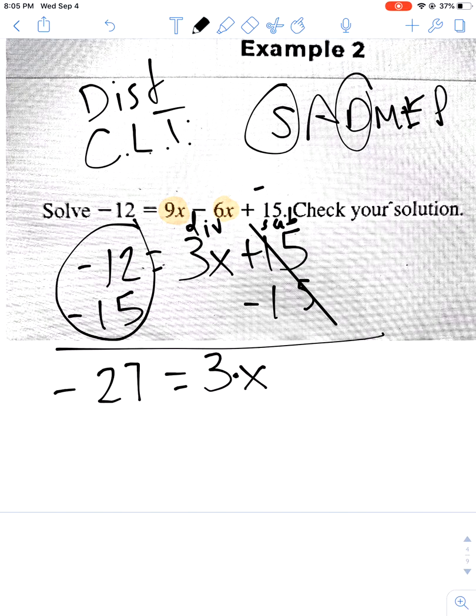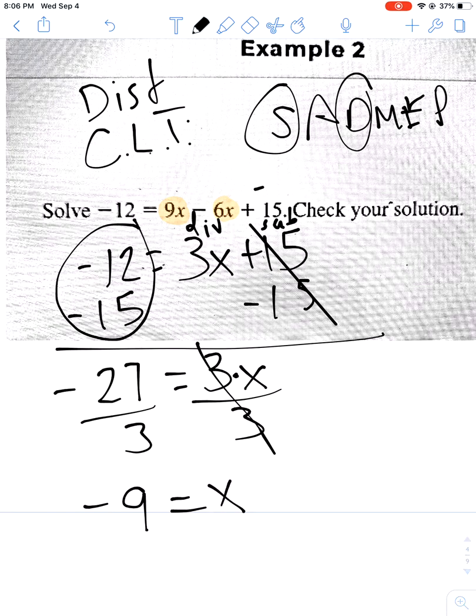But now this is multiplication, so I divide. 27 divided by 3 is 9. A negative divided by a positive is negative. These canceled out, so I just had x. So not too bad. Just remember, distribute, combine like terms, then use SADMAP.